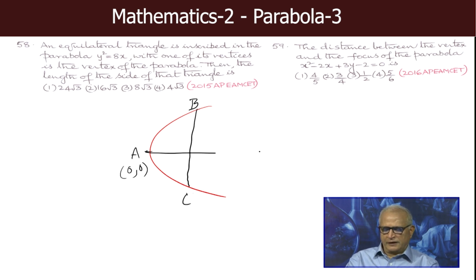That means this is the axis bisecting BC, this is the perpendicular drawn from A to BC, this is 90 degrees. B can be taken in parametric coordinates as (2t square, 4t).